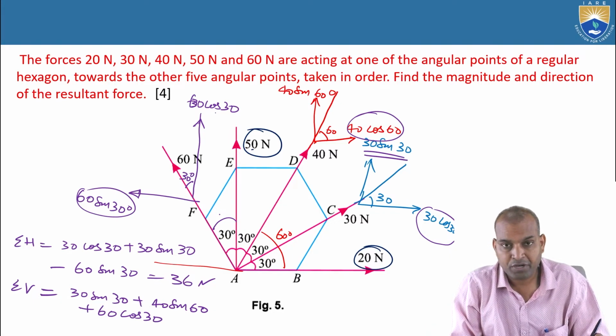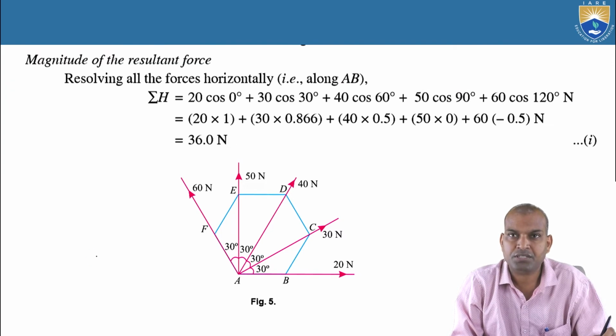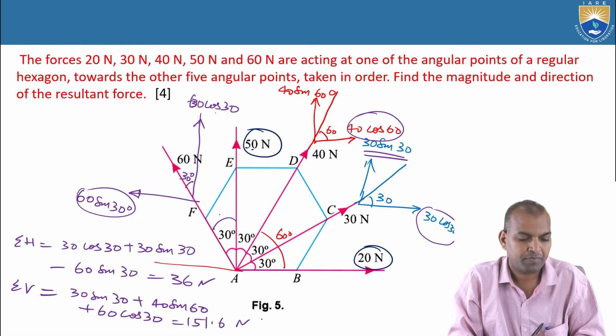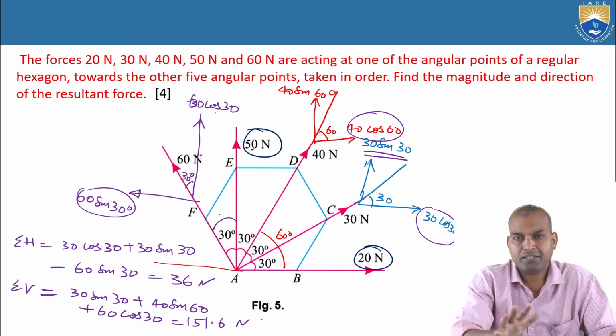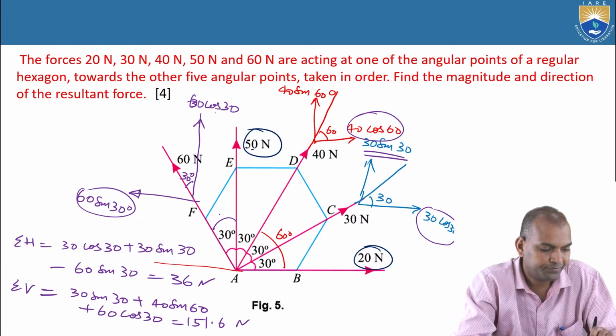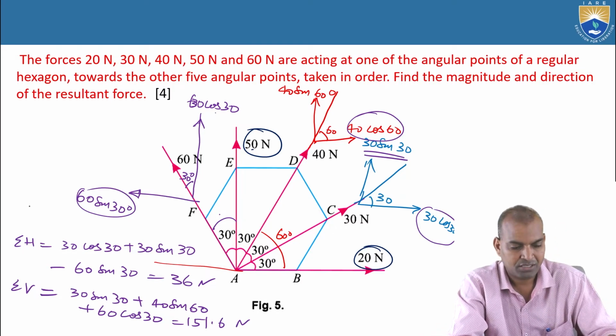That value becomes 151.6 newtons. This is the method. If you follow the way we resolved it, horizontal and vertical, and finally sigma h and sigma v, these values come the same as now.